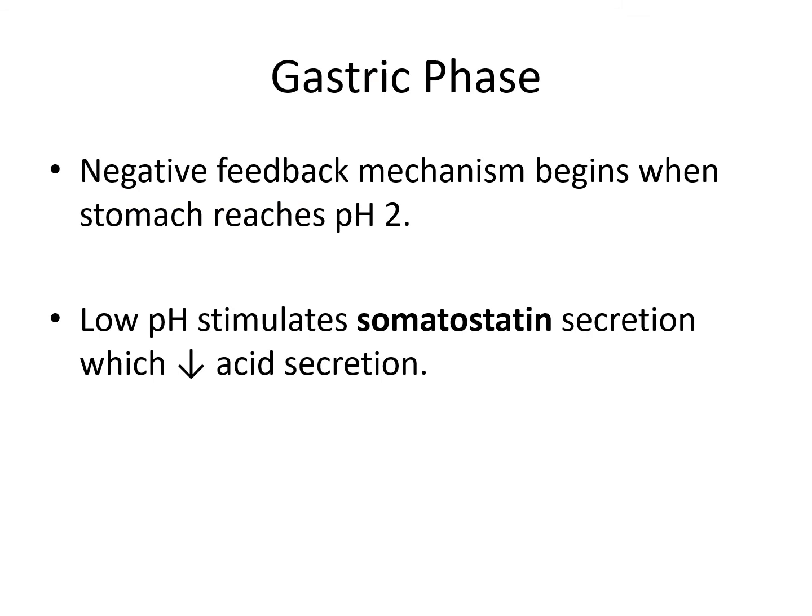Now, there's also a negative feedback mechanism that occurs when the pH of the stomach reaches about pH 2. At low pH, it will stimulate somatostatin secretion, and if you recall, somatostatin will decrease acid secretion.